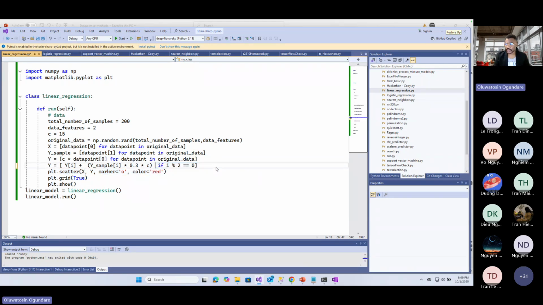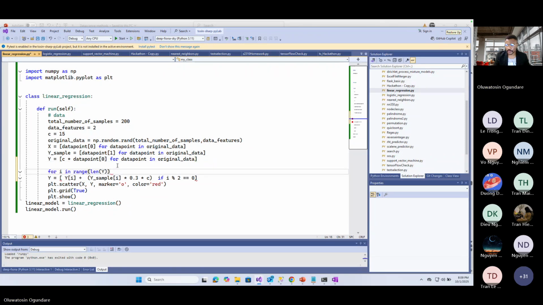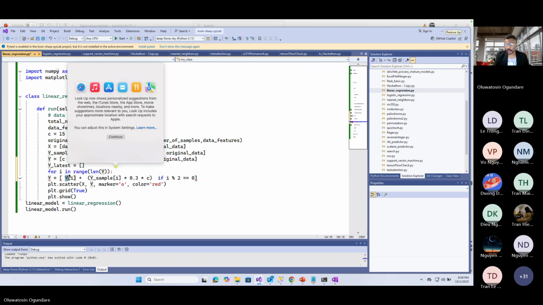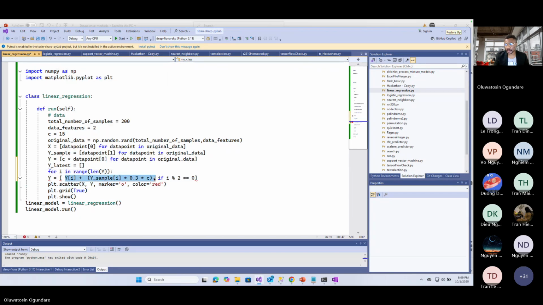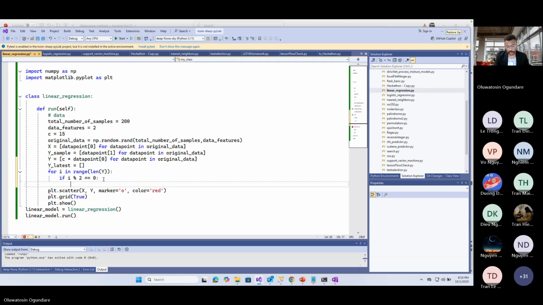Let's convert this into an actual function. Bad.